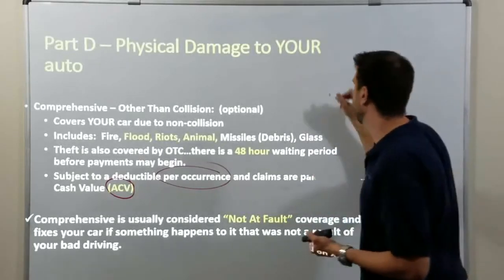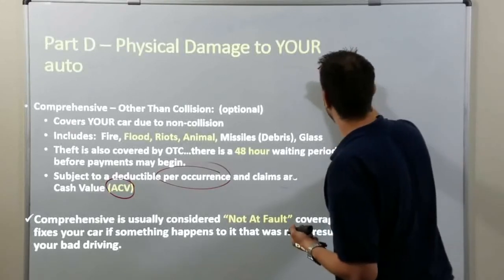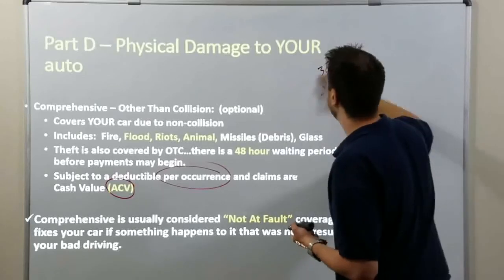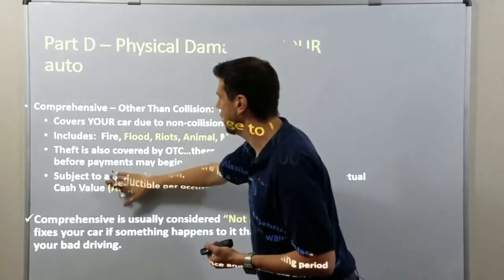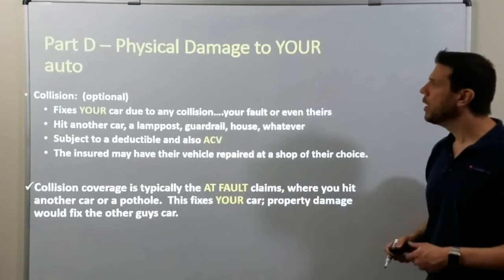So if you have a brand new car worth $30,000, then you put 10,000 miles on it, that car is only going to be worth $20,000. Car insurance does not use replacement cost. Car insurance uses actual cash value, factors in depreciation.